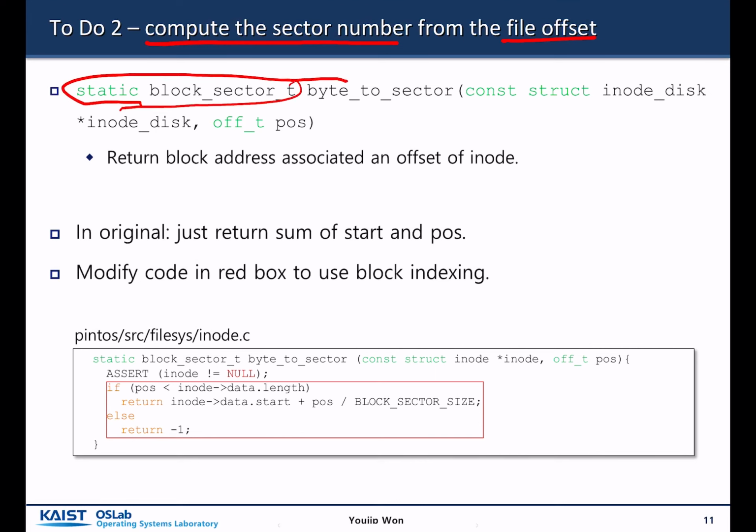It provides an offset and it returns the sector number associated with that offset. We have to change that. This byte to sector function converts the position to a sector number, so you have to change this function properly.